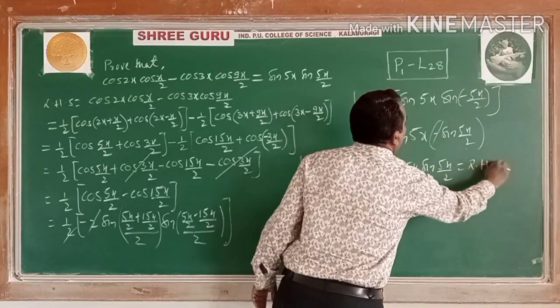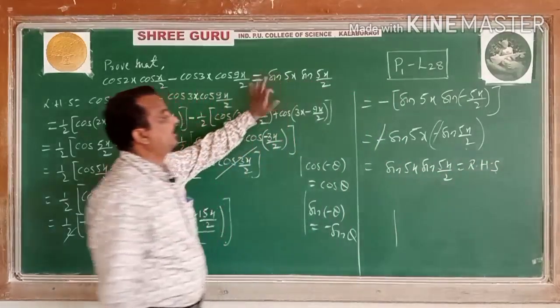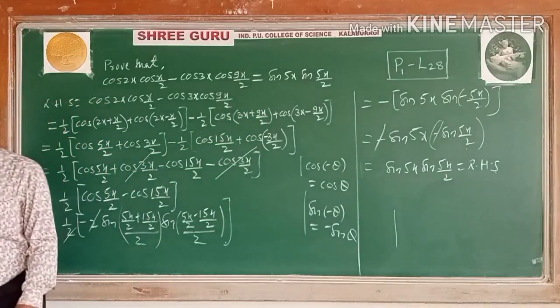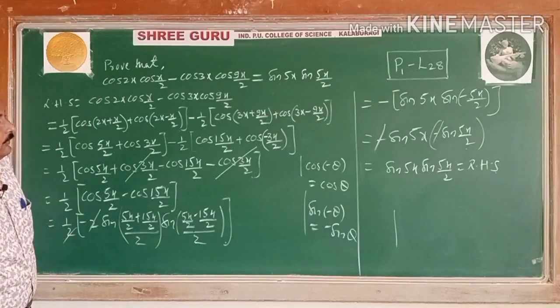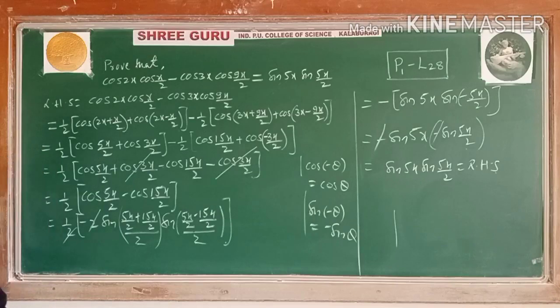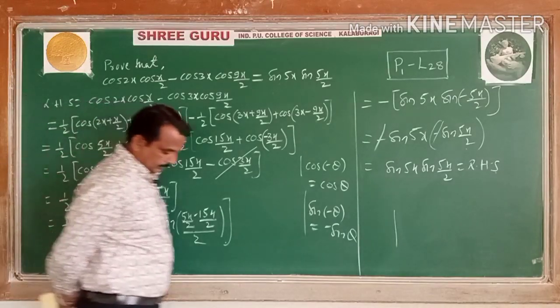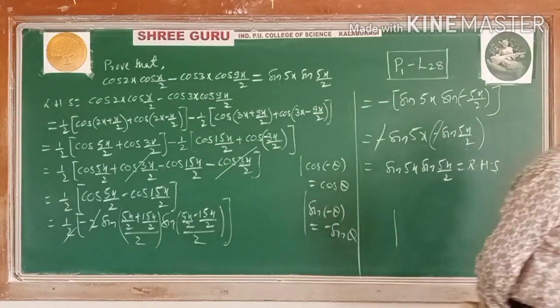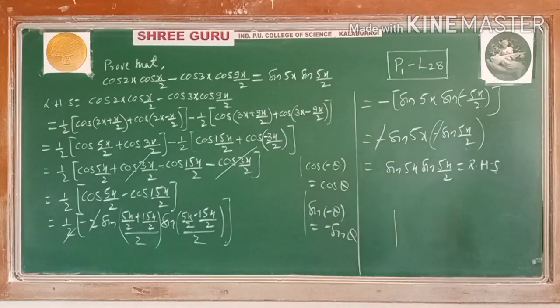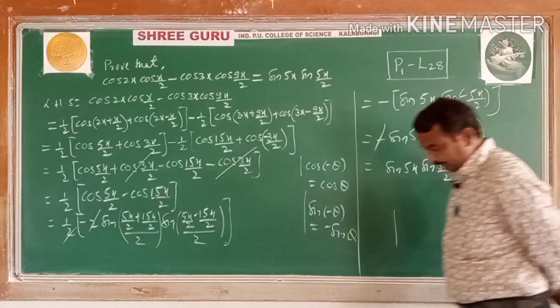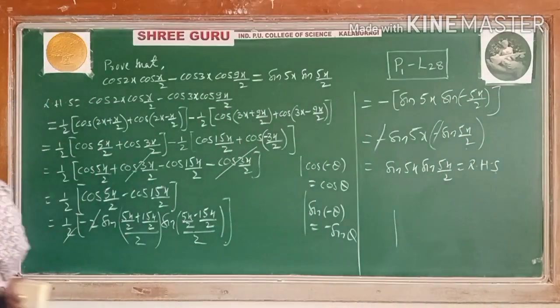This is your RHS: sin 5x into sin of 5x by 2. This is your LHS and RHS. We have taken the LHS and we have completed the RHS. Next, we will go for the next example.